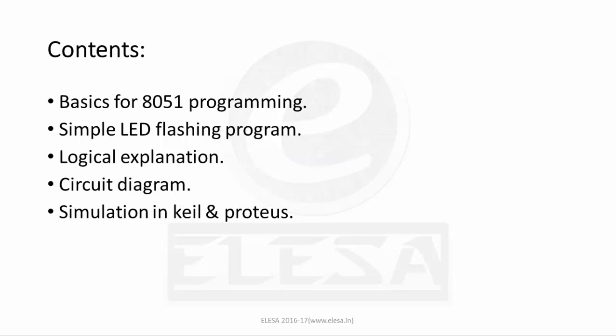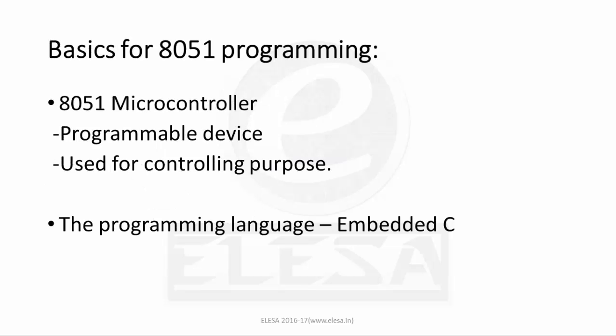Basics for 8051 programming. The 8051 microcontroller is a programmable device which is used for controlling purposes. The programming language which we are going to use for execution in Keil and Proteus is embedded C, which is basically the C language only.